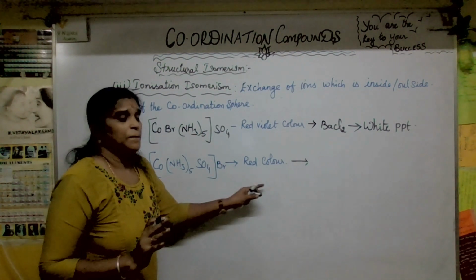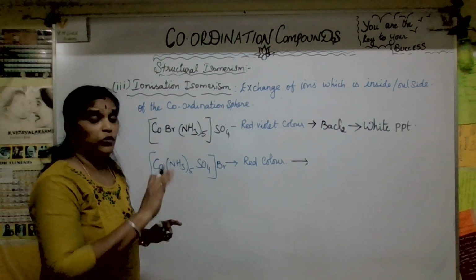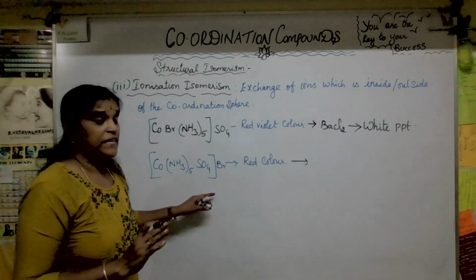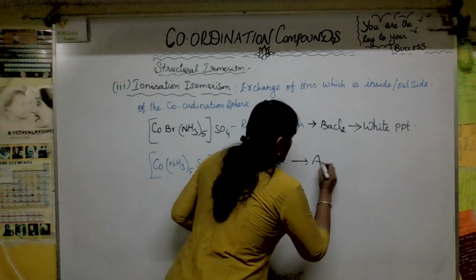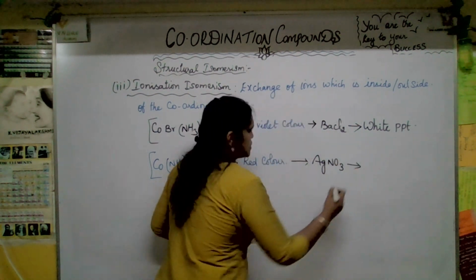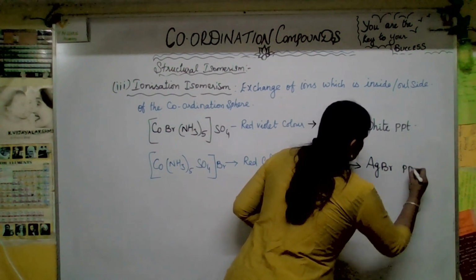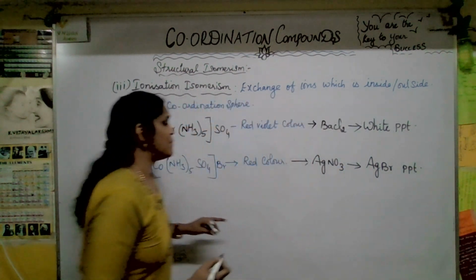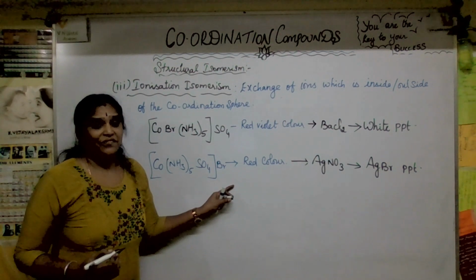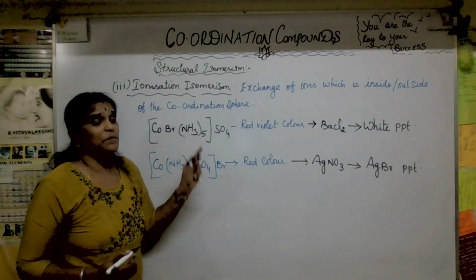Whereas here, if we add BaCl2, it will not answer; you will not get a white precipitate. Whereas if you put AgNO3, you will get an AgBr precipitate. So from that we can make out that bromide ion is present. Hope you're clear with that ionization isomerism.